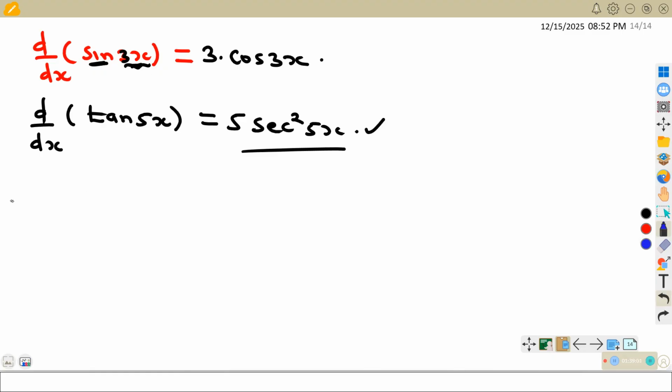So if you are differentiating cos of a half of x, someone should tell us that. Using the similar principle, what do you get?